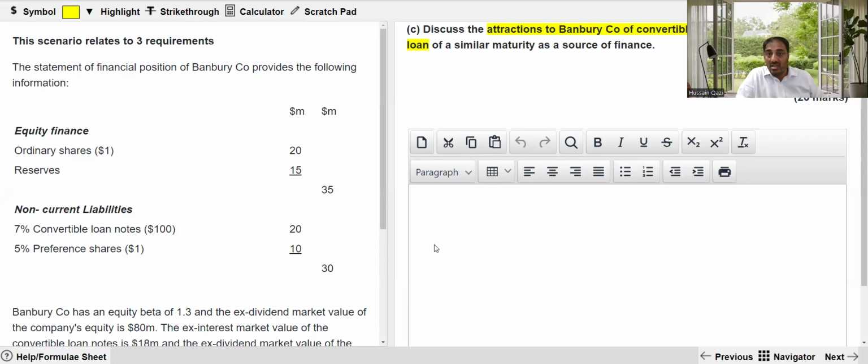Not able to pass. Here the examiner mentioned, number one, it's about the case Banbury. Number two, you need to write the answer comparing with the bank loan. So you have to write convertible debt compared to the bank loan. If you just write the advantages of convertible debt, that's not right according to the examiner's expectation.